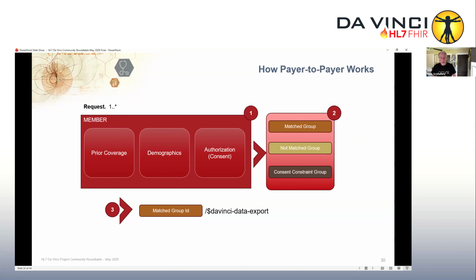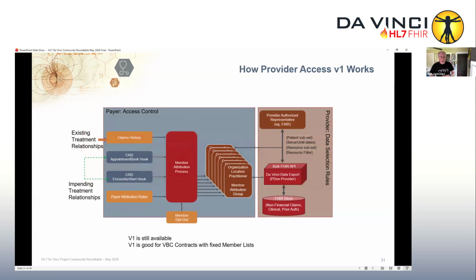So that 2-step process. So Casey, let's go on to the next slide, because I think we've got here provider access version 1. When we built this, we basically said that the payer is really responsible for determining the attribution, that's a loaded term, the treatment relationship. And so they would take their lists for each provider and build a list of all of the members that provider can see.